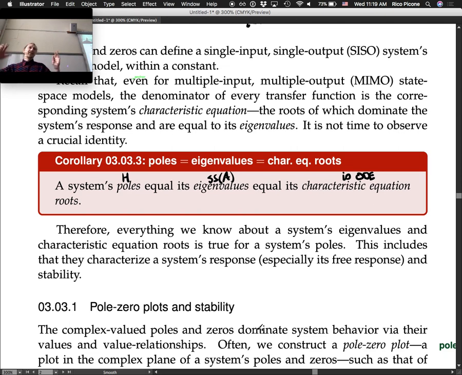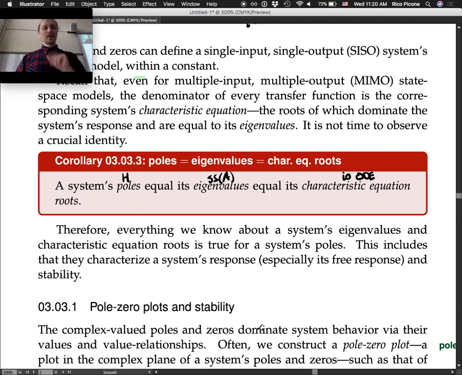So we can just copy and paste all of our knowledge from those onto our new representation. This includes that they characterize a system's response, especially its free response, and stability, right? So we will explore this a little bit now.